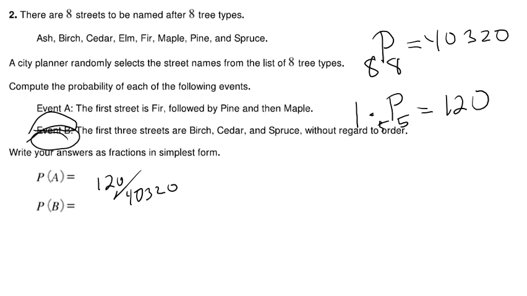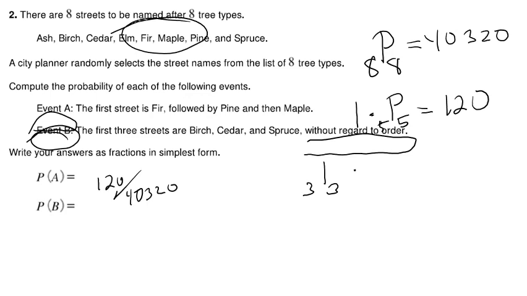Now event B, the first 3 streets are birch, cedar, and spruce, and we do not care what order they come in. So if the first 3 streets are birch, cedar, and spruce, which way, there is P of 3 pick 3 ways of doing that, right? That's how many ways we can do that. And again, the thing is, we're counting here in terms of permutations.